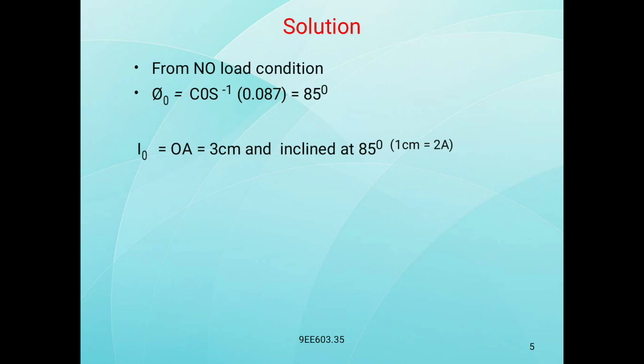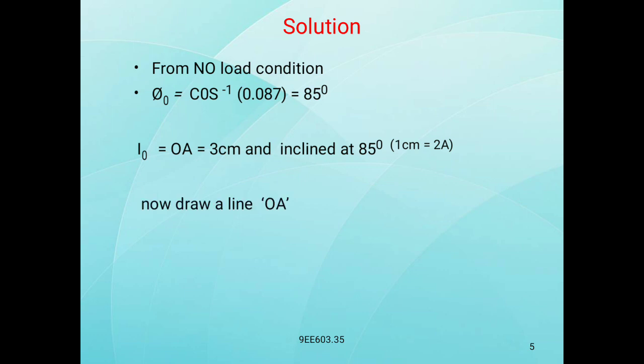I naught is equal to OA, that is 3 centimeters, inclined at 85 degrees. 1 centimeter is equal to 2 amps. So now it is drawn 3 centimeters.